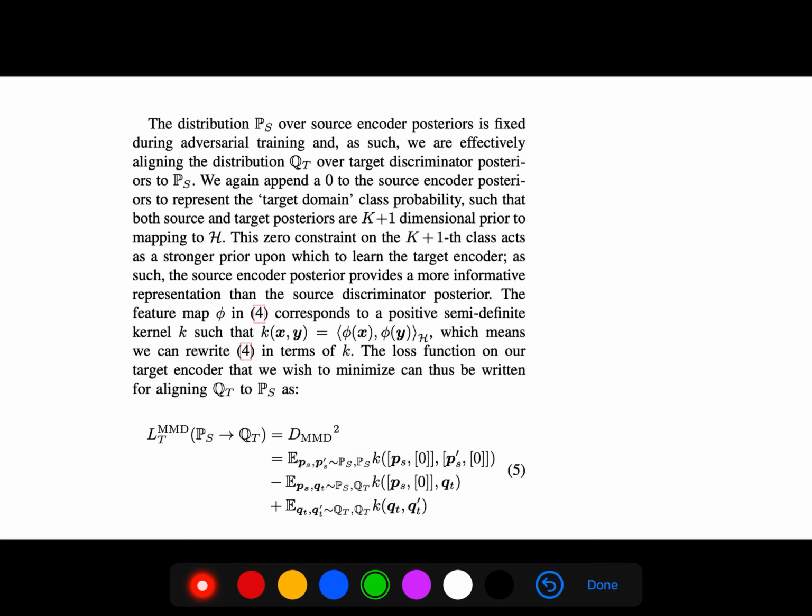As such, the source encoder posterior provides a more informative representation than the source discriminator posterior.